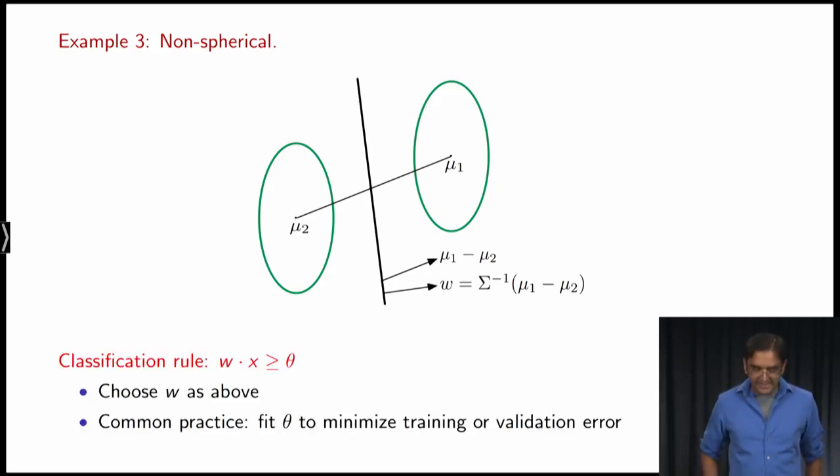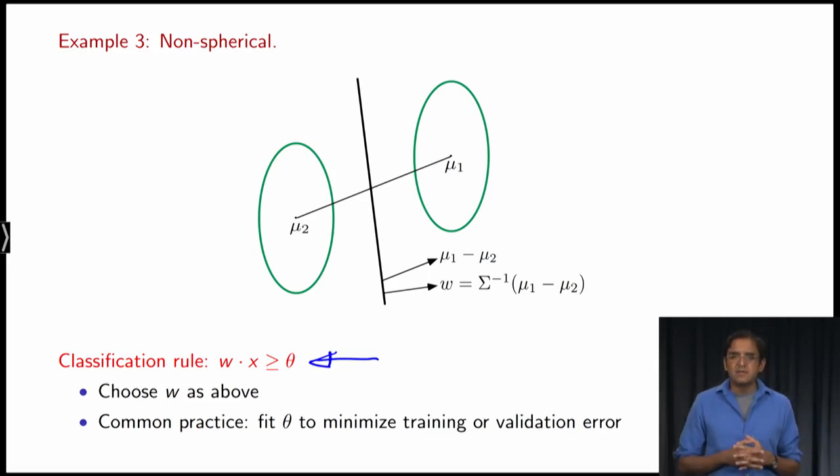So in all of these cases, the classification rule is a simple linear rule of the form w dot x greater than or equal to theta, and w, the vector w, and the number theta can just be read off from the parameters of the model, from the means, the covariances, and the weights, pi1 and pi2.